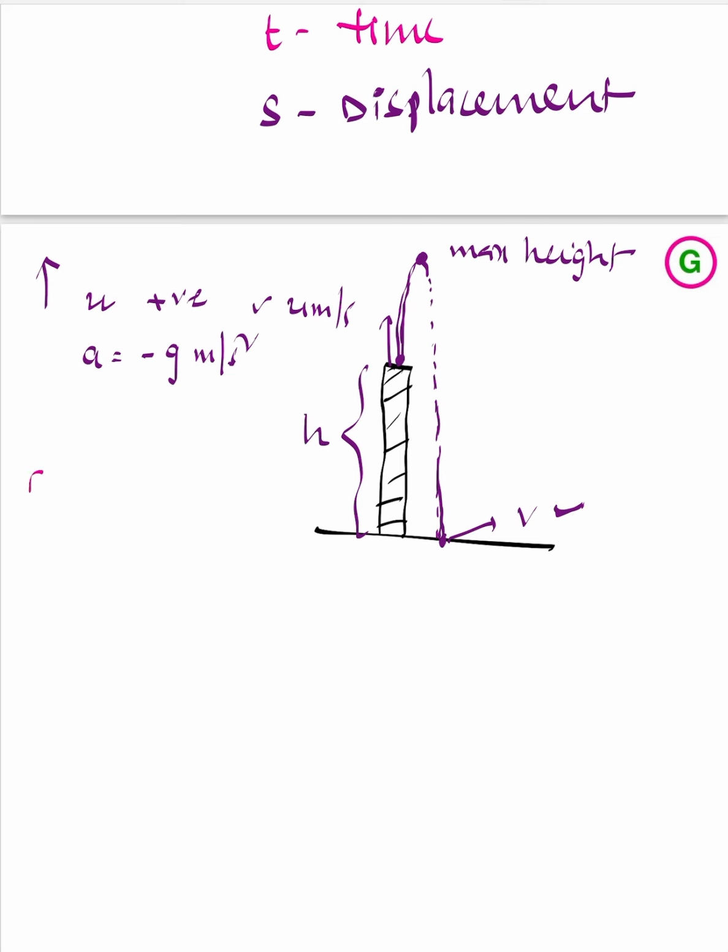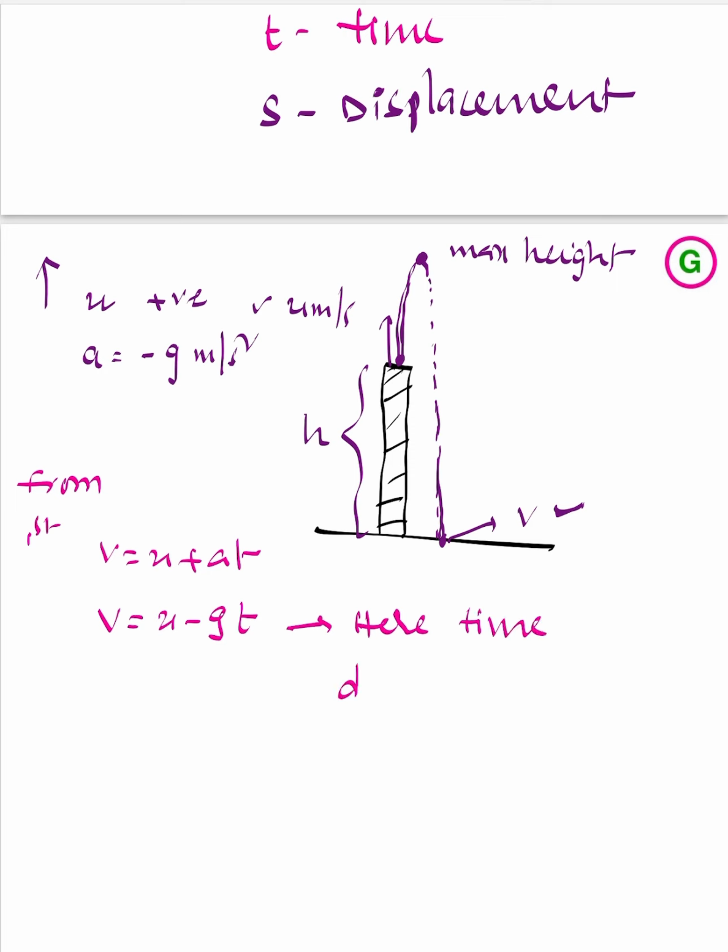Now from the first equation of motion, v equal to u plus at, after 1 second, 2 seconds, 3 seconds, v is equal to u minus g into t. But here the time depends on the projection time.